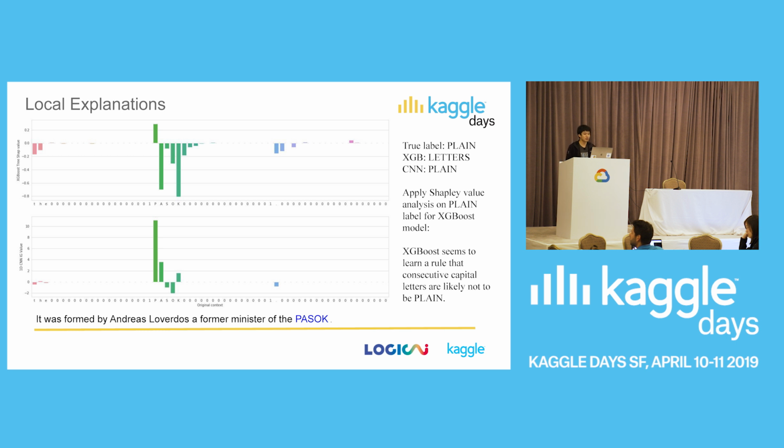If we take a look into it, what SGB boost does is it also captures that there's a 0, which denotes there's no token at all at that position. And it seems to me SGB boost captures that a shorter token is more likely to be a letter. While the convolutional neural network has a similar attribution pattern to the one we saw before.